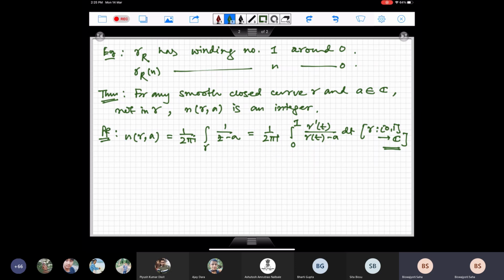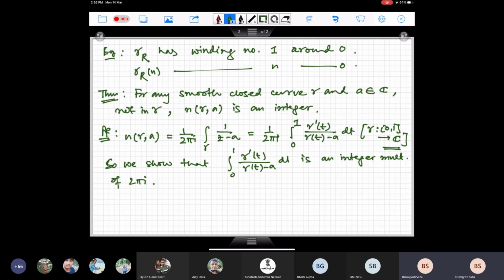That means we show that the quantity, the integral from 0 to 1 of gamma prime(t) over gamma(t) minus a dt, is an integer multiple of 2 pi i. Yes, exactly.